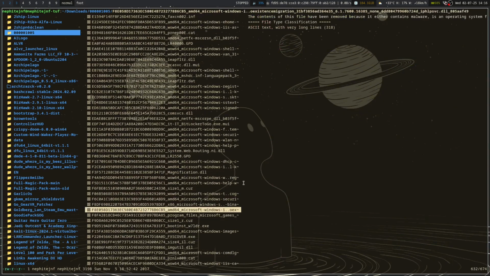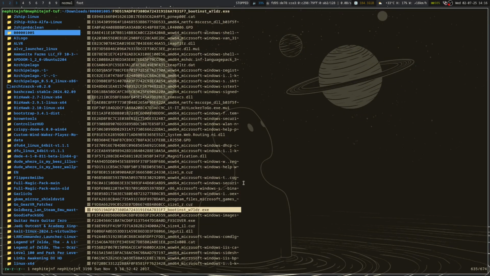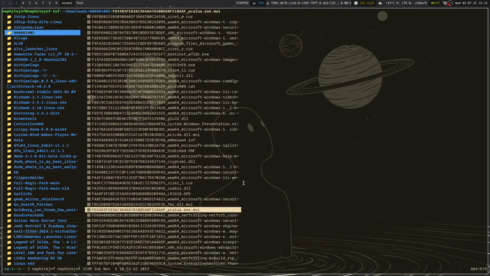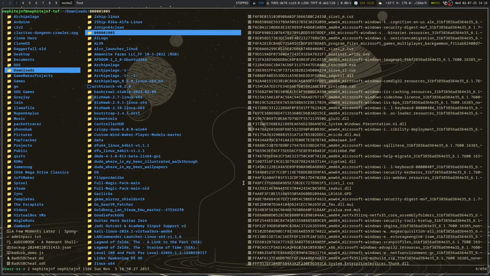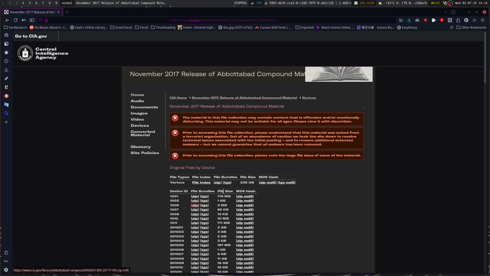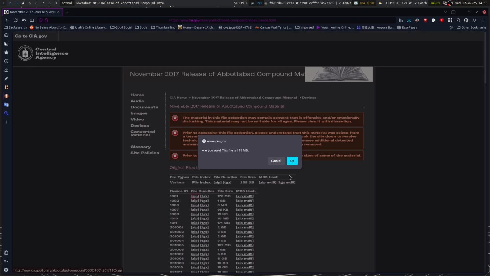We've got some group policies going on here, which is very interesting to me. Let's pick on a different file. That one's a little bit bigger.